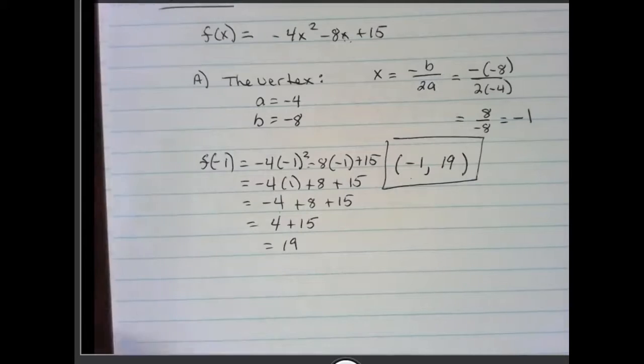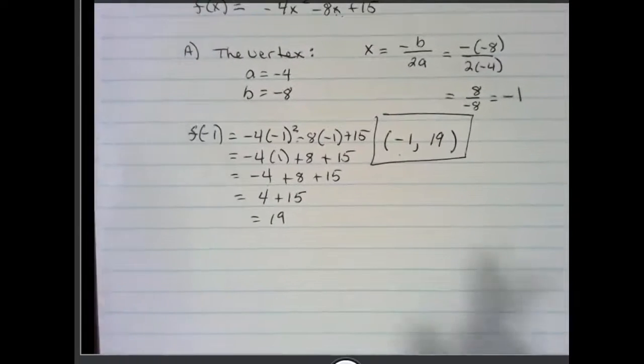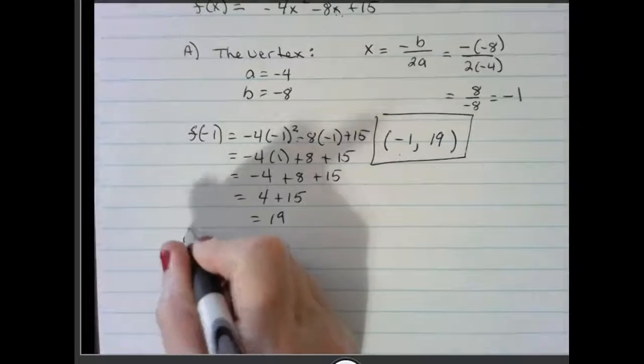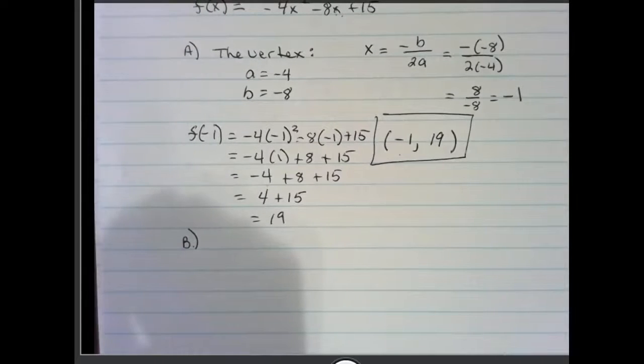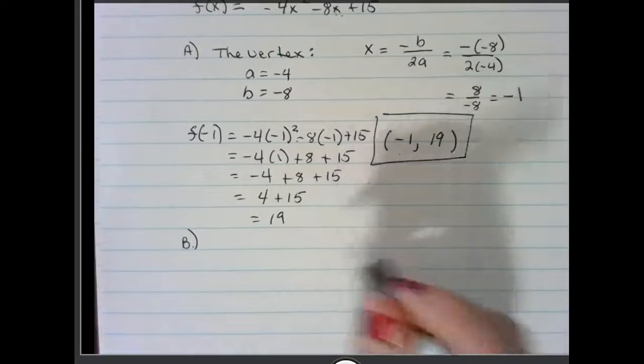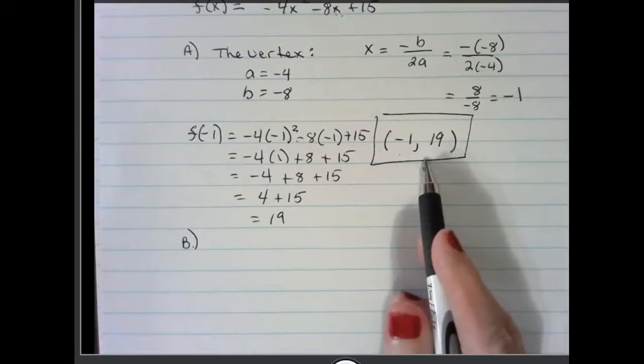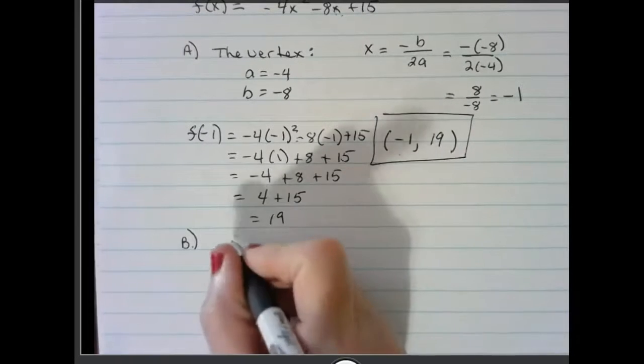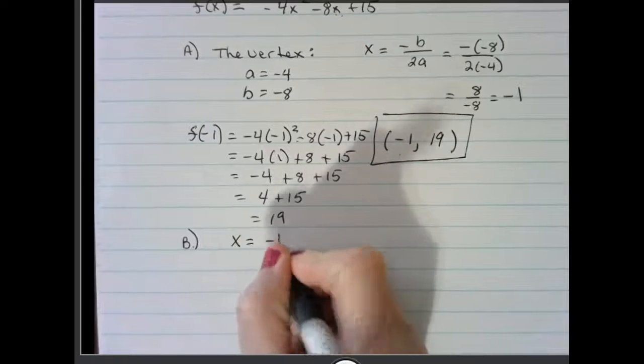Okay, so the next question, or the B question, let me slide this up a little bit. It's asked us to find the vertical intercept at this point. So the vertical intercept would be the line that goes vertically through this point, and that's going to be x equals negative 1.